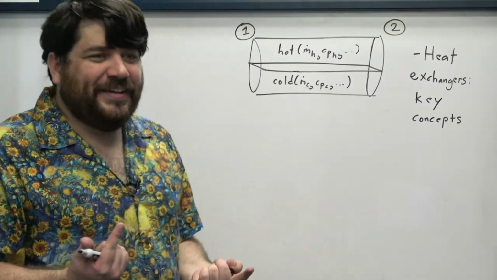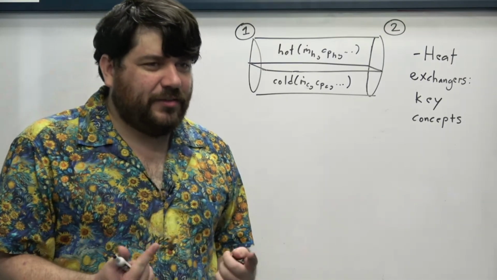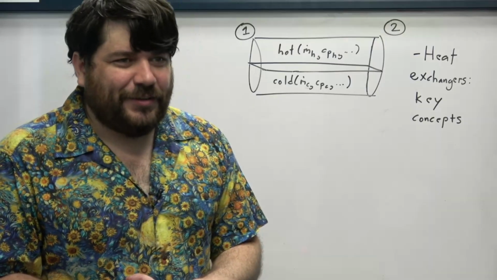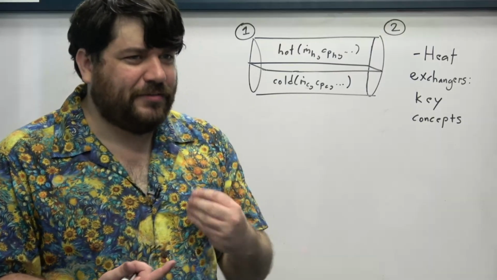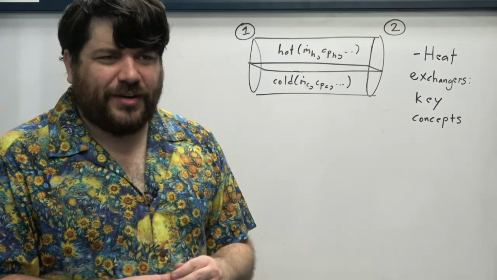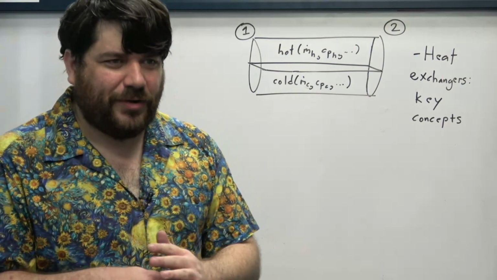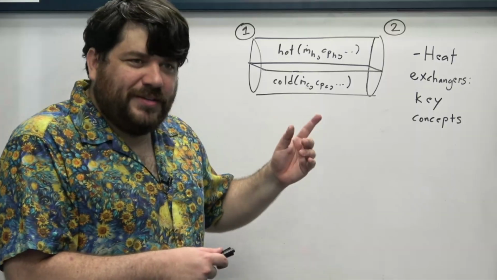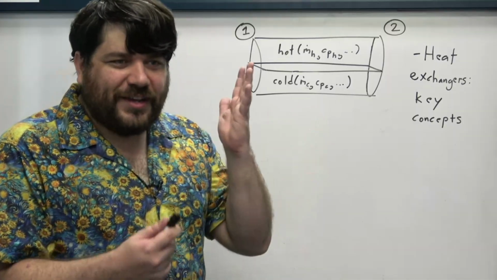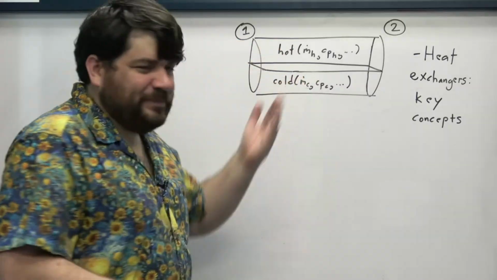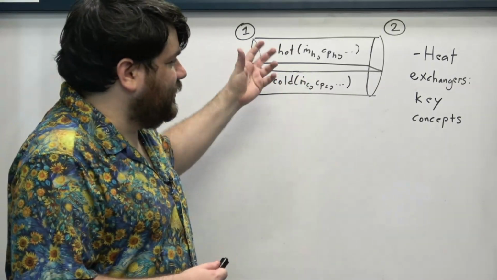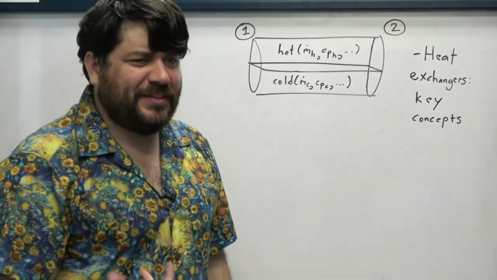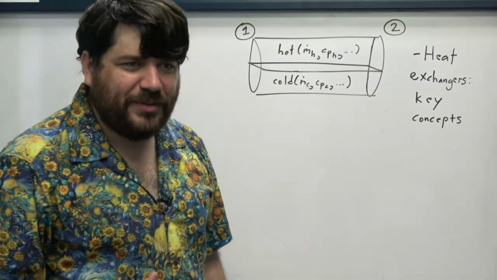Which is why having empirical analyses for what the NTUs are, what the effectivenesses are, and those heat capacity ratios is incredibly important, because it avoids pitfalls that we would run into if we were naive about applying an analysis based on a simple separated tube to something with such a complex geometry as a shell and tube heat exchanger.